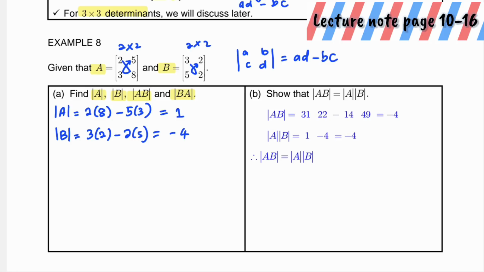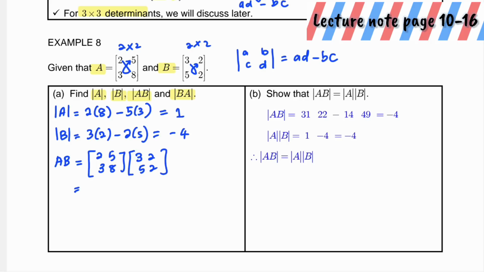To find the determinant of AB, you need to calculate the multiplication of matrix A and matrix B first, which is matrix A, 2, 5, 3, 8, multiplied with B, 3, 2, 5, 2.